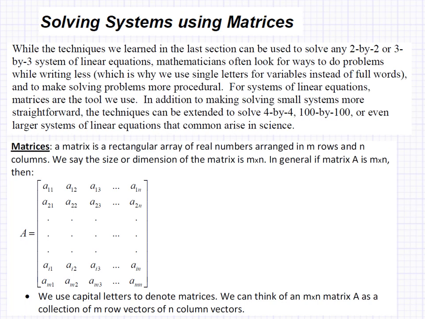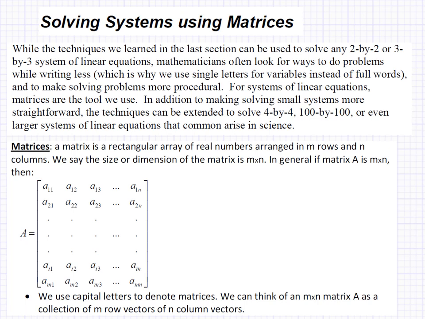The nice thing about using matrices to solve systems of equations as opposed to the other ways that we've done is as the system of equations gets bigger, more variables, more equations, those other methods, while they become harder, the matrix method becomes very, very much the same over and over and over again.